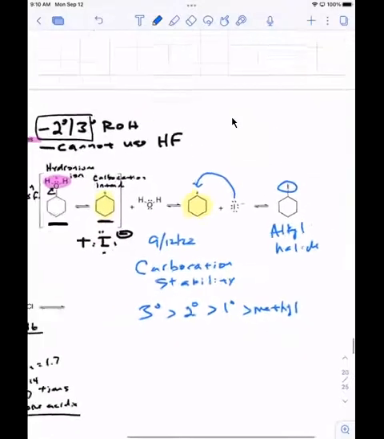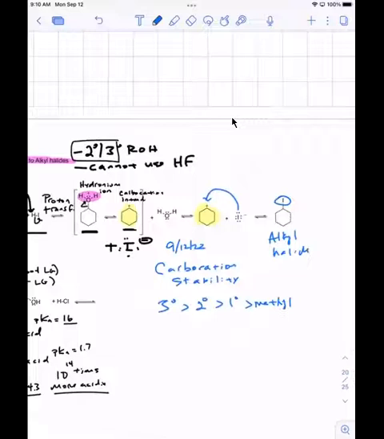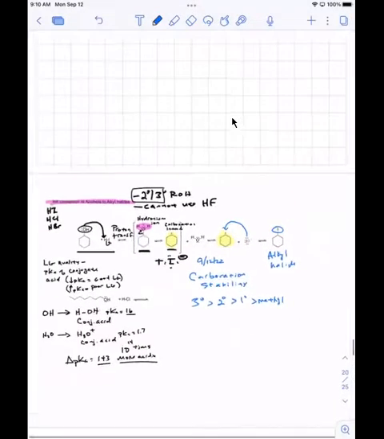So for this reaction, you can think about this in terms of carbocation stability. A tertiary alcohol is going to react faster because the carbocation intermediate is more stable. The secondary is going to react a little bit slower because the intermediate is a little less stable, and so on and so forth.